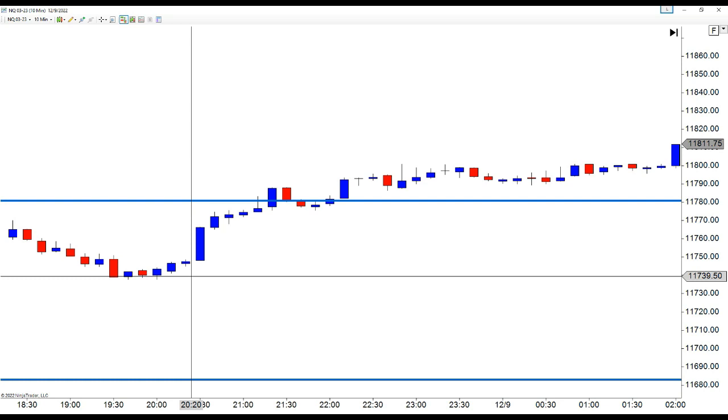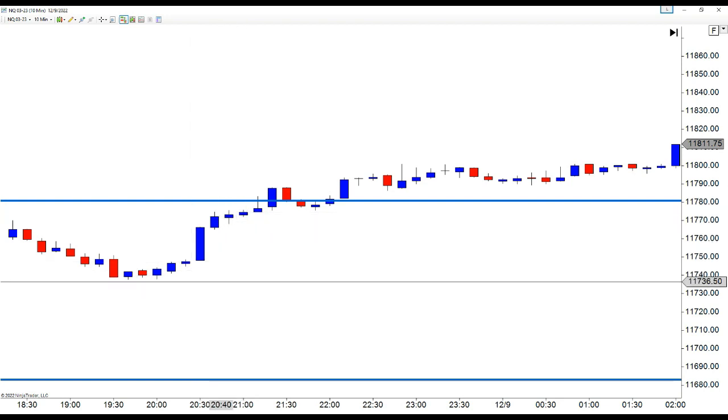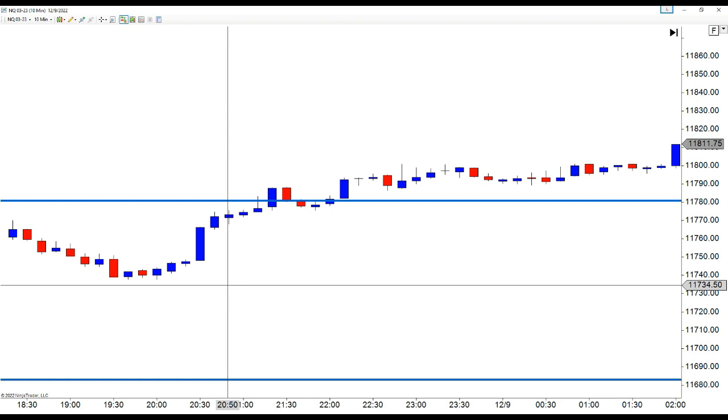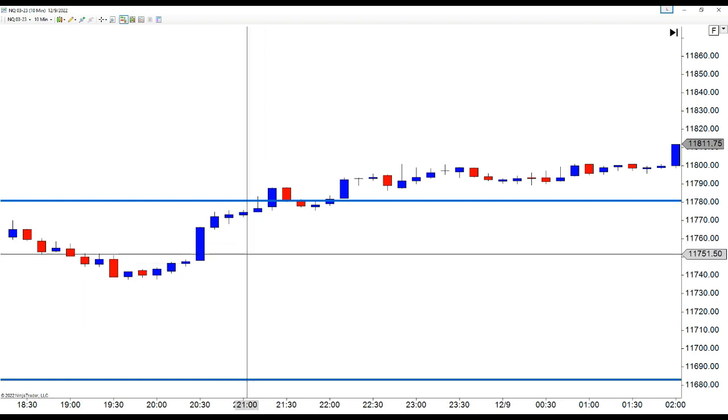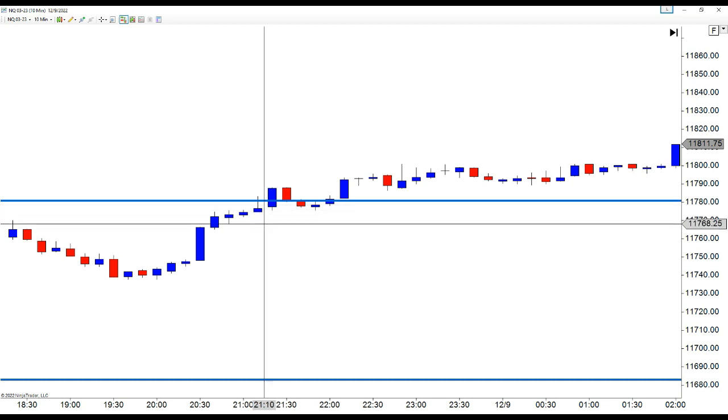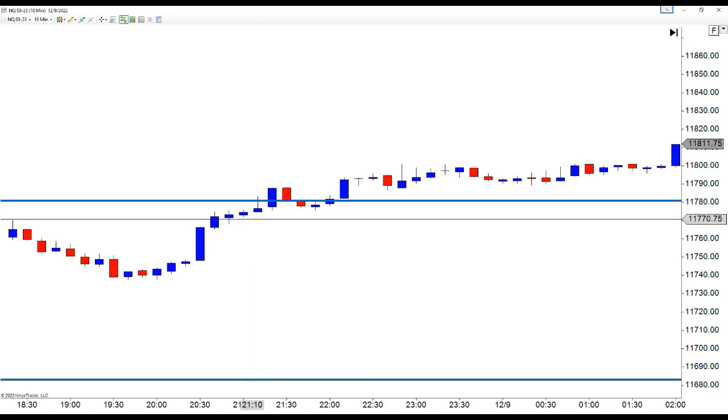Because the way this works, as price starts approaching the trigger, once it's past the halfway point, in this case on the long side, and starts approaching the buy trigger, this area starts pulling the price toward it.